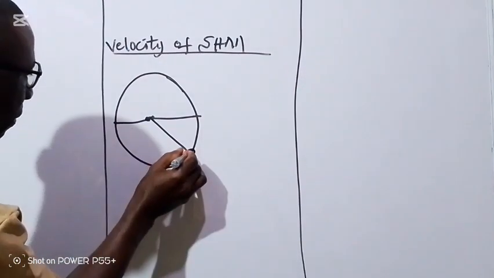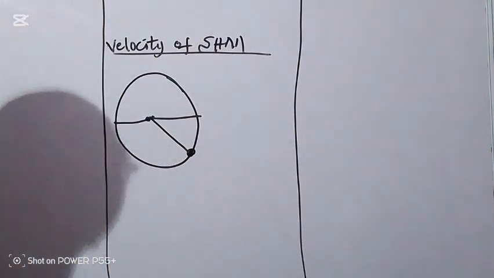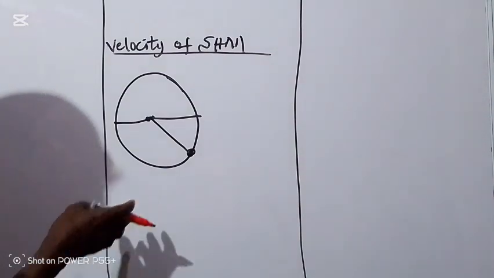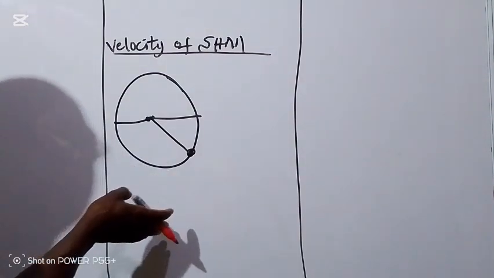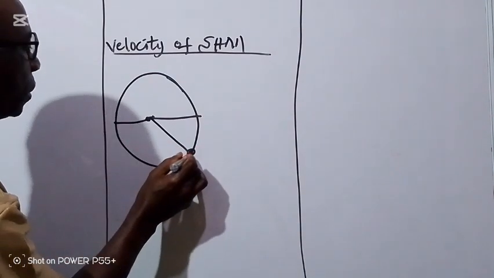During uniform circular motion, although the object moves with constant speed, it is changing in direction, so the velocity also is changing.